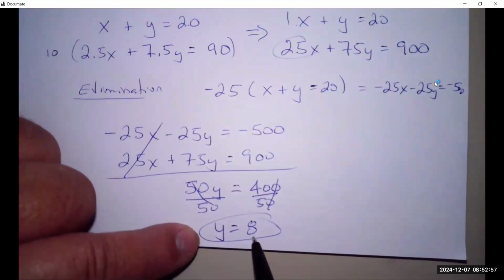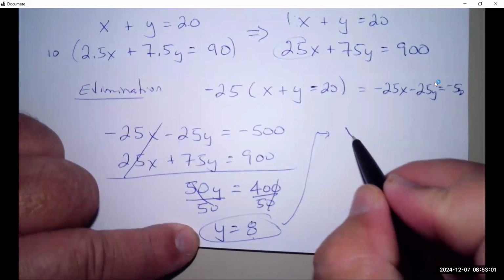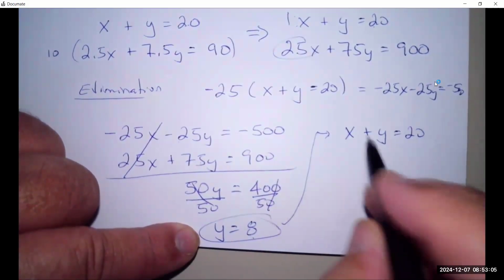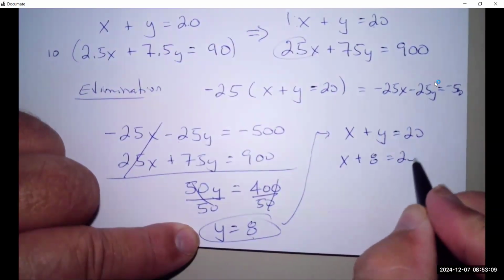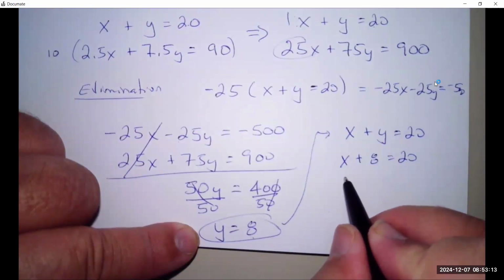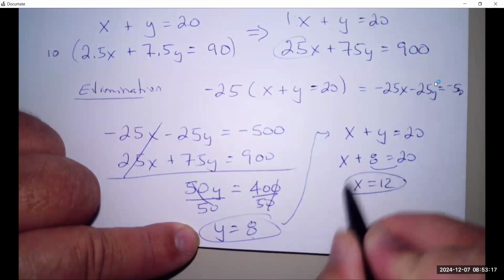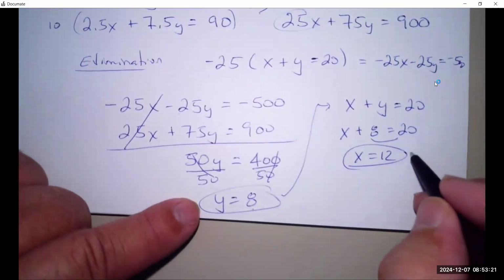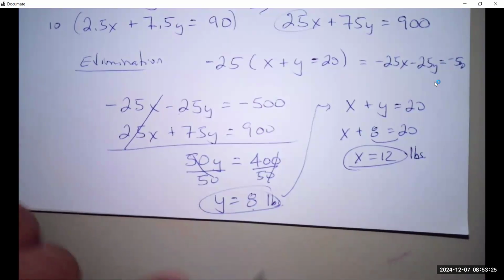Now we plug this into one of these. So I take the first equation. Anywhere I see a y, I put an 8. So I have, and I move the 8 over, x equals 12. This is 12 pounds, and this is 8 pounds.